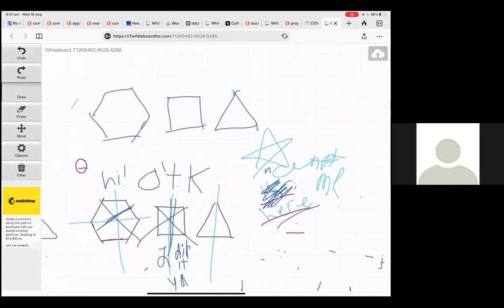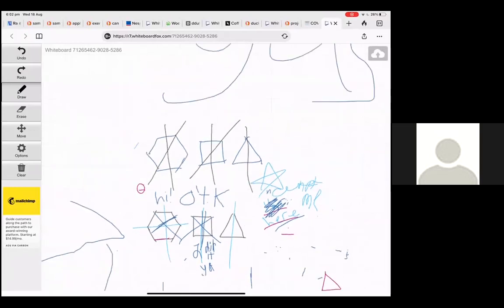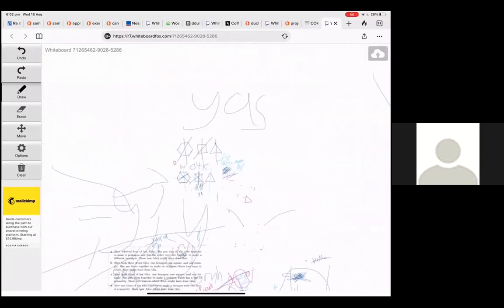I'll just draw it above because I can't see where you're writing. But there's this one and there's this one. Okay, I'll just finish drawing the triangle here. Oh, so there's this one, there's this one, there's this one, this one, this one, this one.